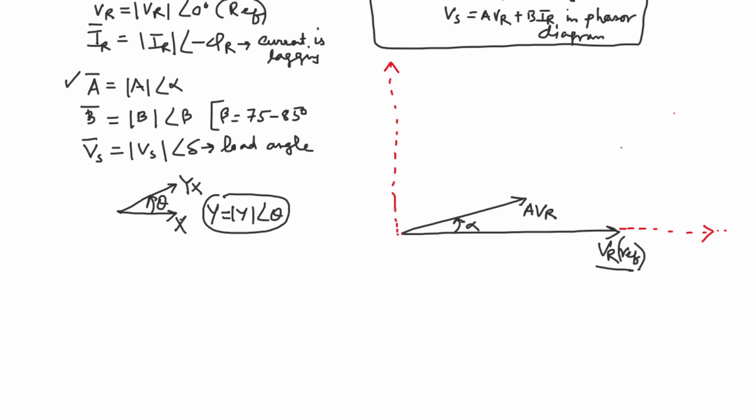Now what is IR? IR should be lagging by an angle of phi r. So this is phi r.